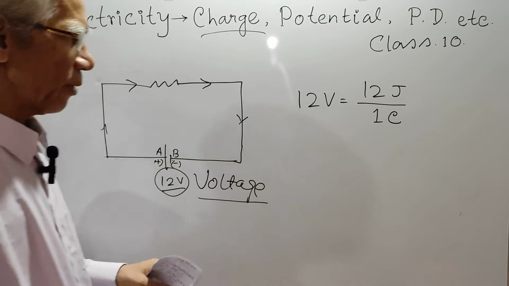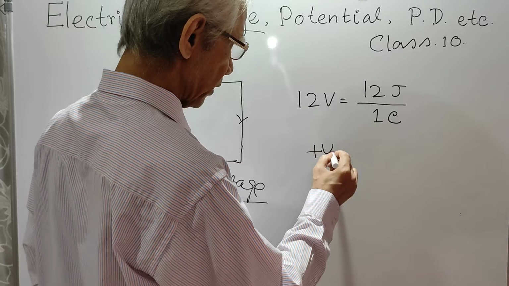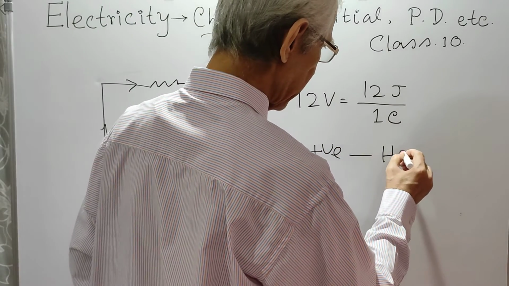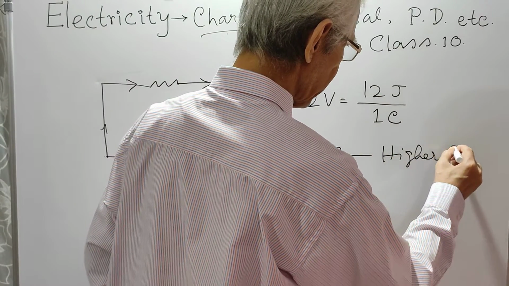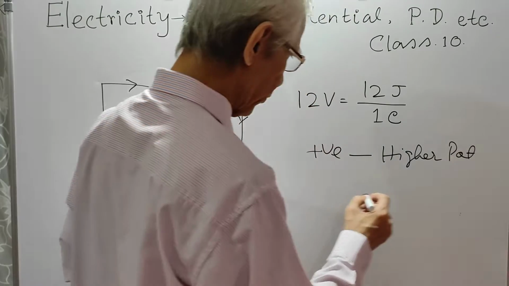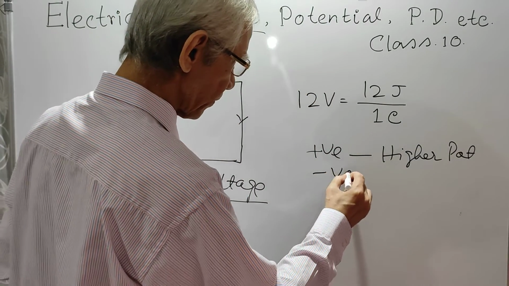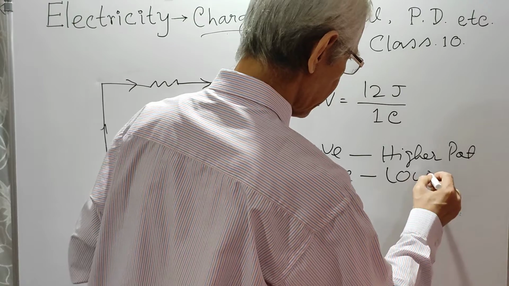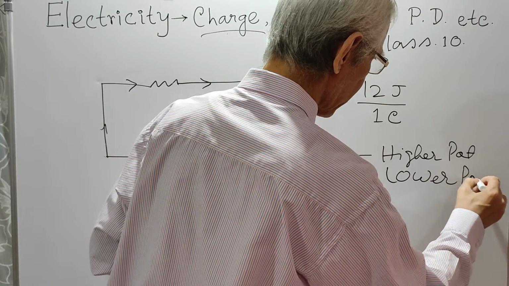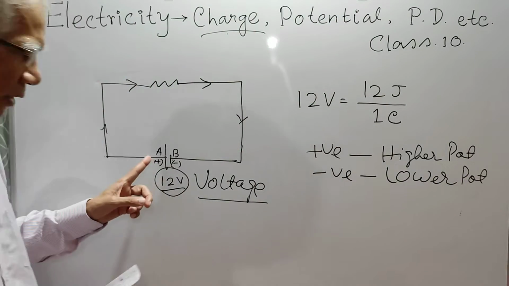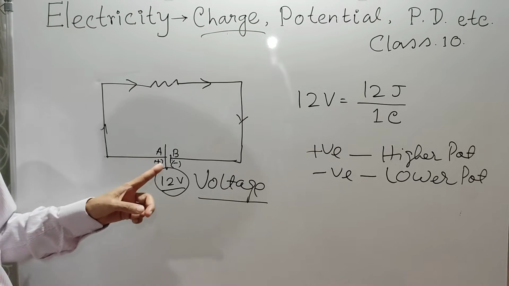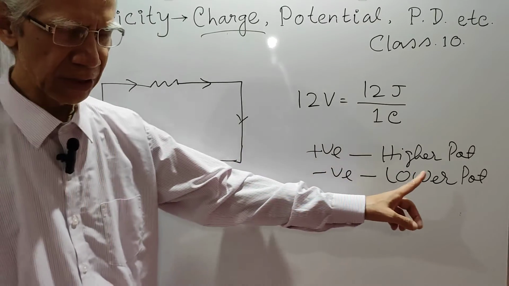So remember, the positive terminal is at higher potential, and the negative terminal is at lower potential. The positive terminal is always at a higher potential of a battery. The negative terminal of a battery is at lower potential.